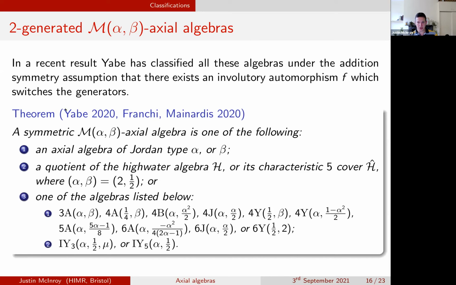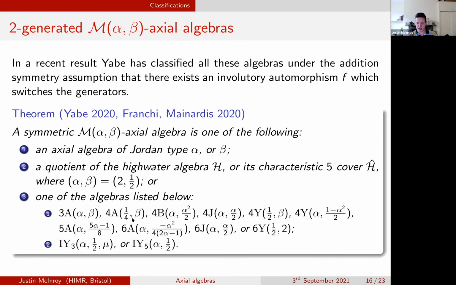So what Yabe did was he proved this theorem, not for characteristic 5, but for all other characteristics. Not characteristic 2, because we have no gradings, and not 5, but 5 was done by Clara and Mario.